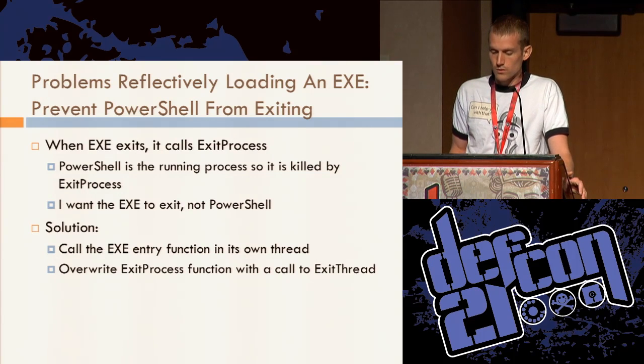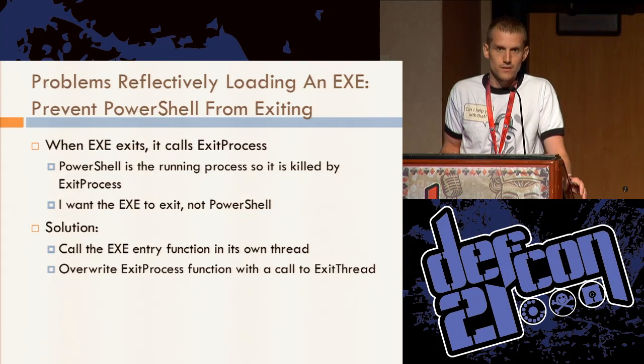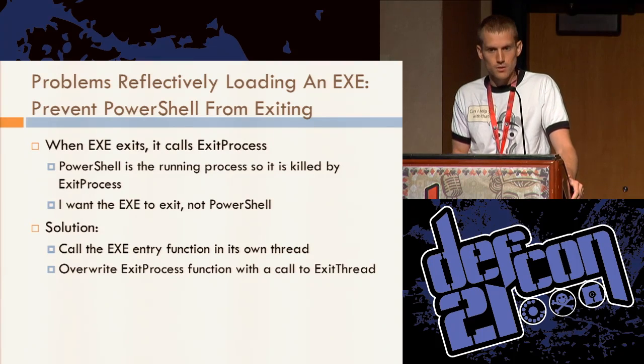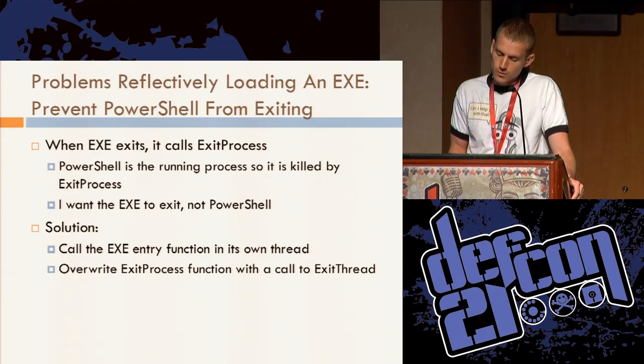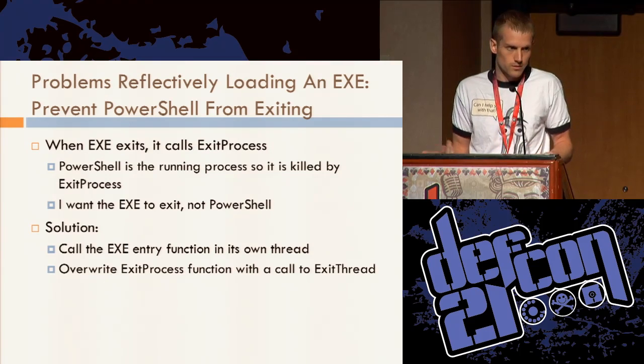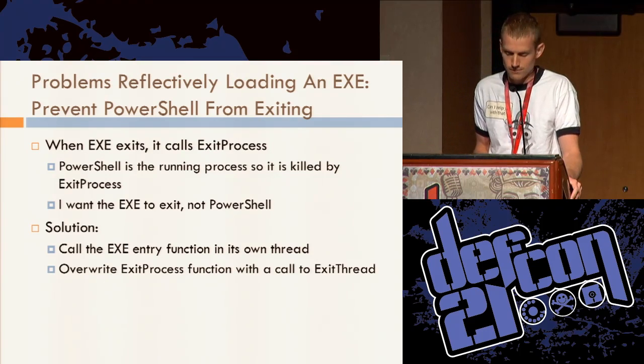So reflectively loading an exe is a little more tricky, because normally when an exe is loaded, it's loaded using create process, and a new process is created specifically for that exe. But what we're doing is loading an exe inside of a process that already exists with PowerShell.exe running inside of it.